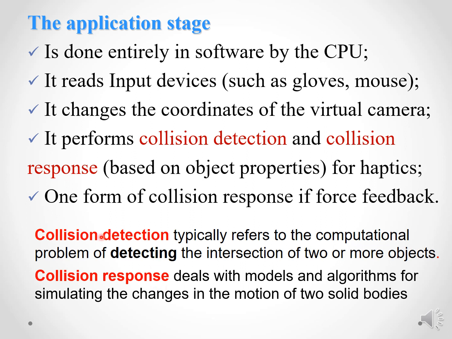When the detection finds that two objects hit each other, the collision response will simulate what happens next, using the related simulation. So this one detects first, and then the response follows based on the related simulation.